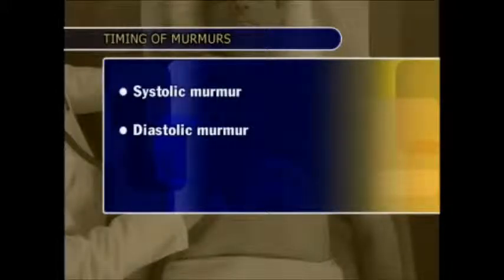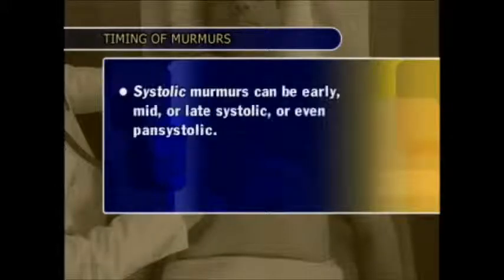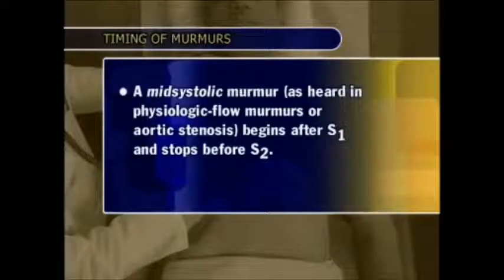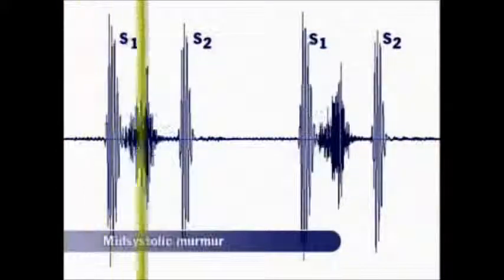Murmurs are classified according to where they fall in systole and diastole. Systolic murmurs can be early, mid, or late systolic, or even pansystolic. For example, a mid-systolic murmur, as heard in physiologic flow murmurs or aortic stenosis, begins after S1 and stops before S2.